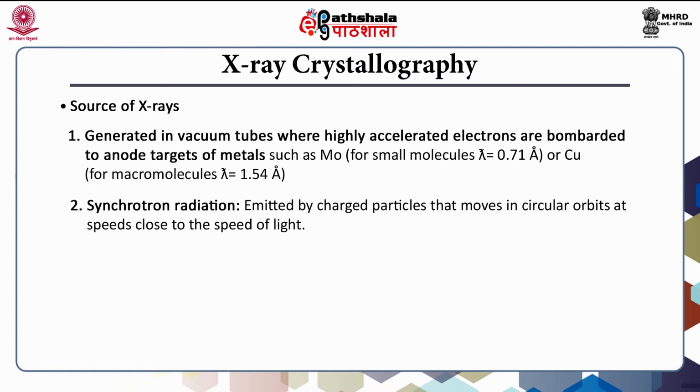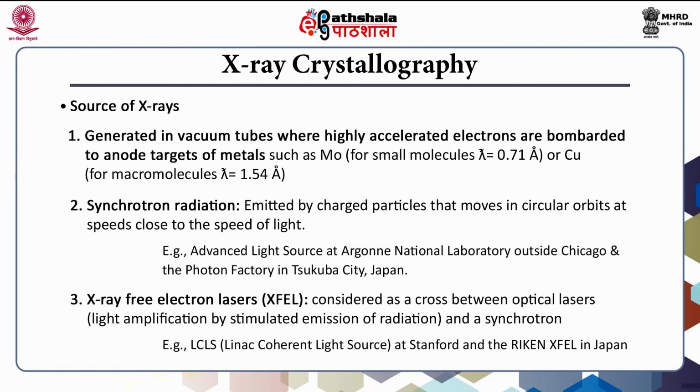Synchrotron generated X-ray beams are much more intense than those generated by electrons hitting the copper target. What is the example for this? The examples are the Advanced Photon Source at Argonne National Laboratory outside of Chicago and the Photon Factory in Shizuoka city in Japan. In these two locations, X-rays are generated based upon synchrotron radiation.